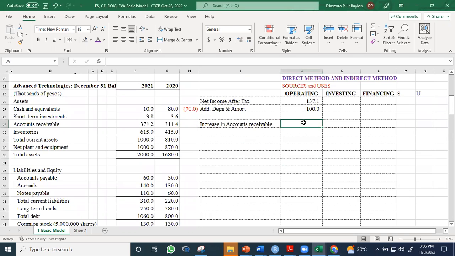Okay, so what's the implication if it's a source of cash? If it's a source of cash, there should be a positive amount here. If it's a use of cash, it should be negative. So for the increase in accounts receivable, a source of cash, it should be a positive amount.